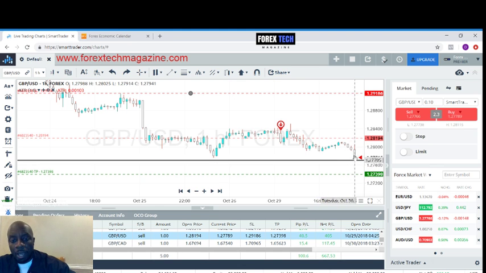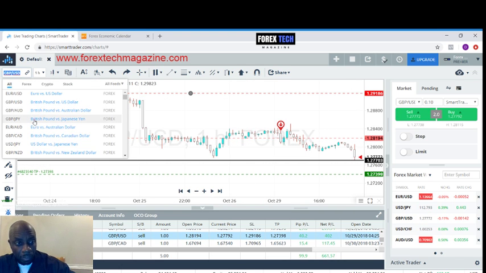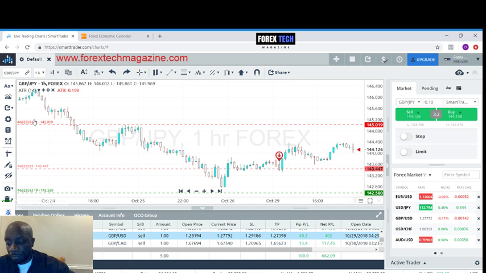Only when we start making higher highs and higher lows, then we say, okay, maybe we need to get out, and that's kind of what we're looking at here when we think about the Great Britain pound, Japanese yen. So this one right here is making higher highs, higher lows, or same high, really.